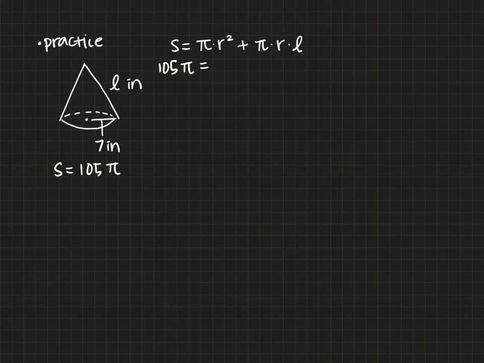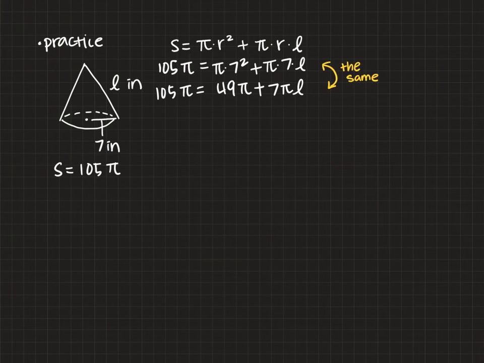And I'm going to have pi times r squared, which is 7 squared. So I have 7 times 7, 49 pi, plus, I don't know what L is, so I'm going to leave that as L. So I have 7 pi L. It really doesn't matter if the order of the pi and the number changes because of the multiplication property.